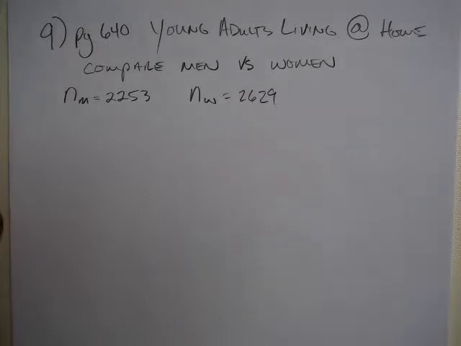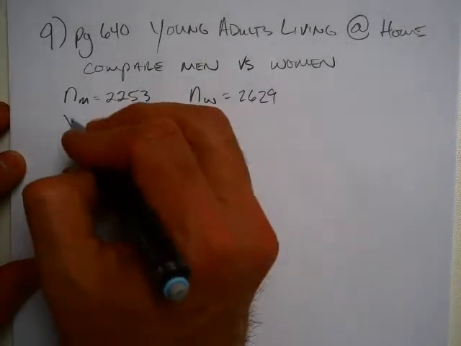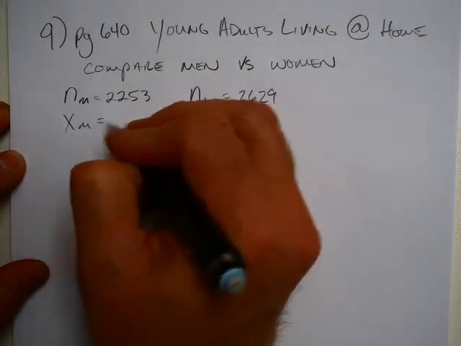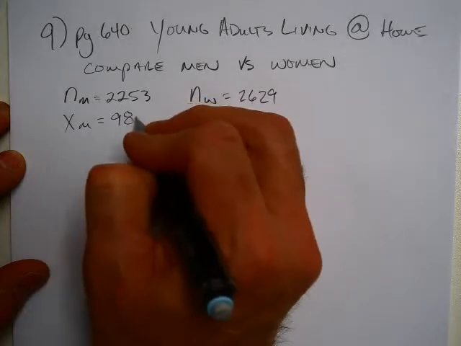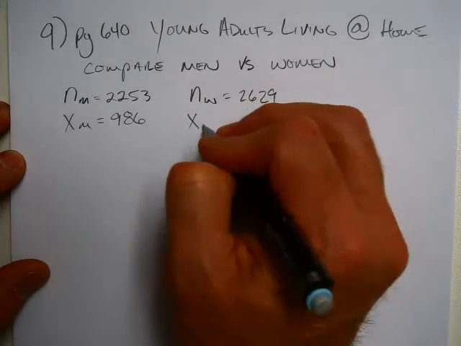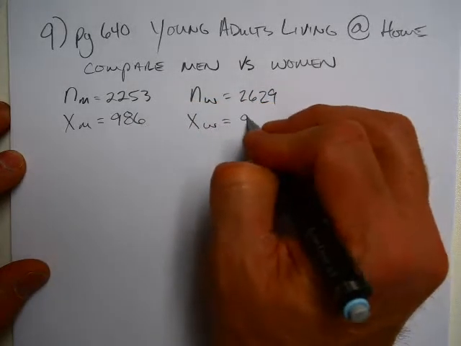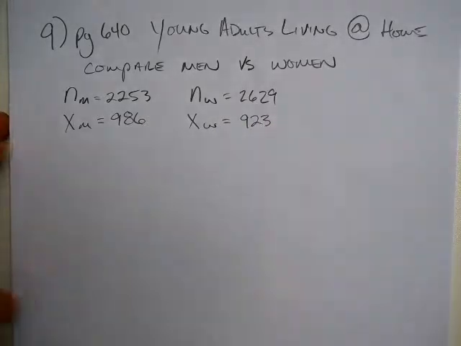Okay. And then it goes on to say that the survey found that 986 of the men and 923 of the women lived with their parents. So X of men is 986, X of women, 923.